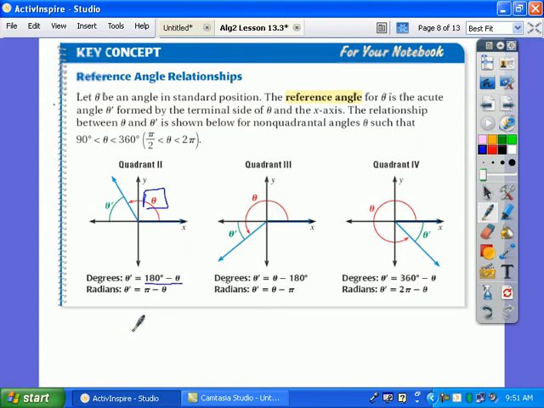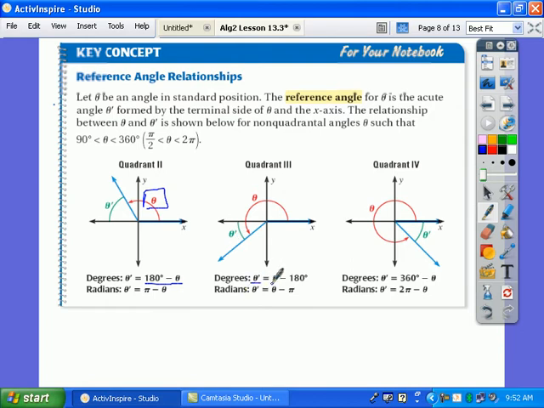If theta puts us into quadrant 3, so the angle now is in quadrant 3, theta has to be bigger than 180, smaller than 270. Again, I don't want to talk about an angle that's between 180 and 270. I want to talk about an angle between 0 and 90, because that's easier for me to do. So again, we calculate a reference angle. To represent the reference angle, we call it theta prime, and theta prime is theta minus 180.